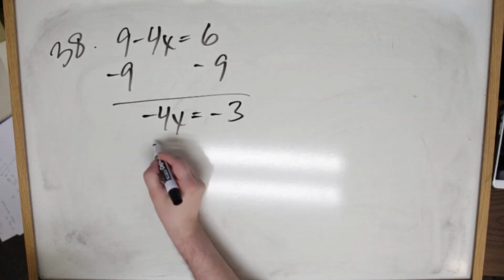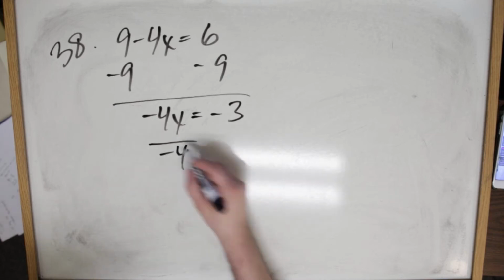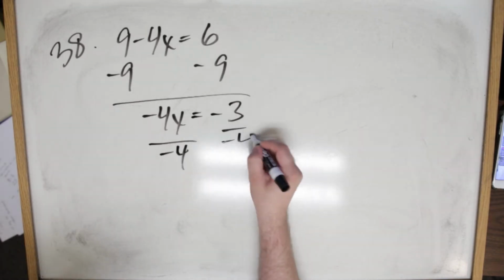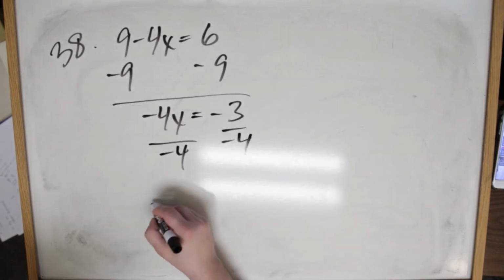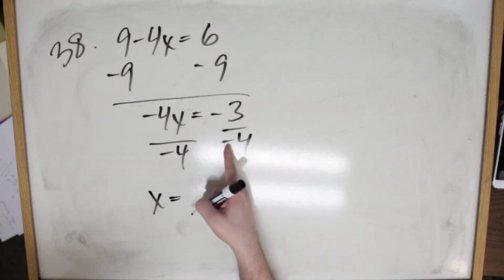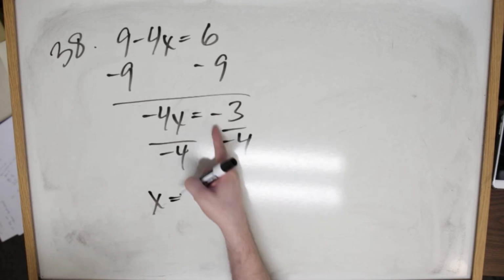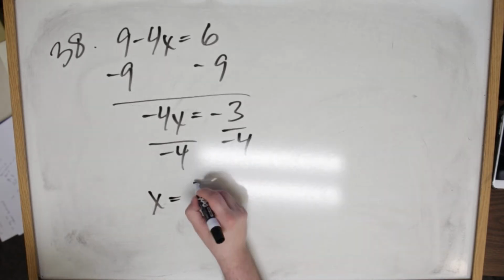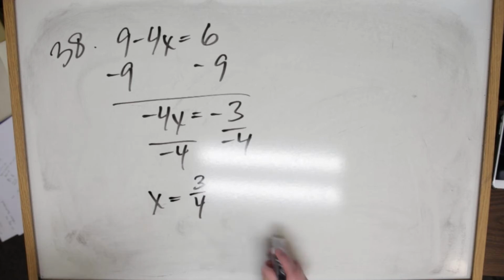And now we get rid of the 4 multiplying by dividing everything by a minus 4. So we're left with x equals minus 3 over minus 4. Because there's two negative signs, they cancel. So it's just going to be 3 over 4. Okay?